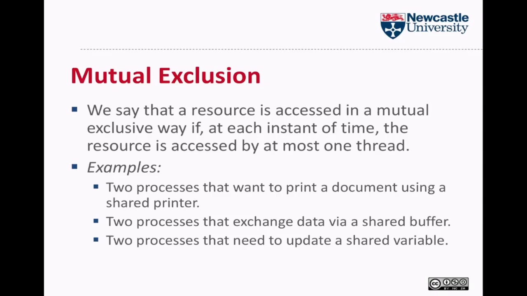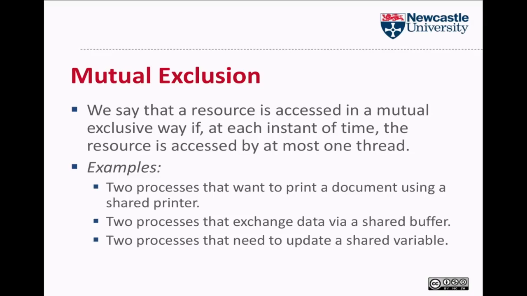Okay. So with mutual exclusion, we say that a resource is accessed in a mutually exclusive way if, at each instant of time, the resource is accessed by at most one thread. As I already told some of you, you have two processes trying to print something on the printer.